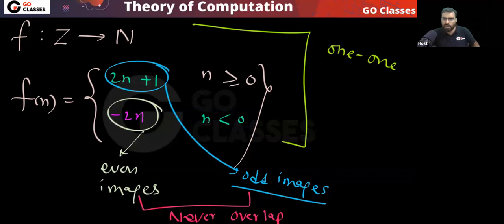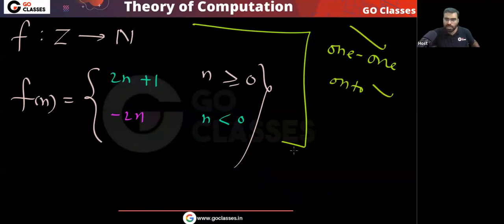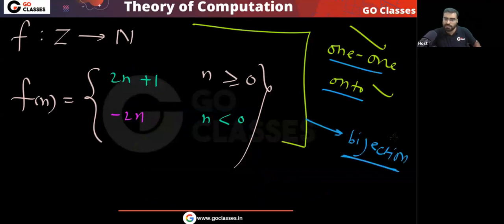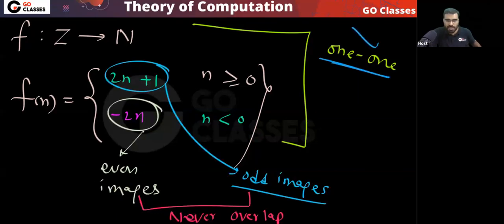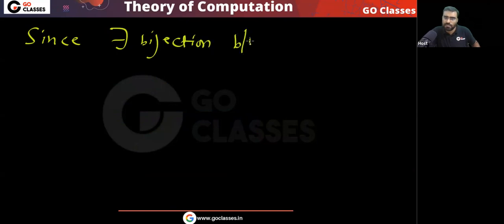Okay, so this is what I'm saying, that this is 1-1 also, and you can easily see that this is onto also. So this function is a bijection. And because there exists a bijection between Z and N, what can you say?